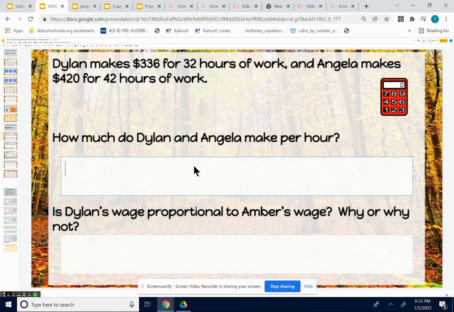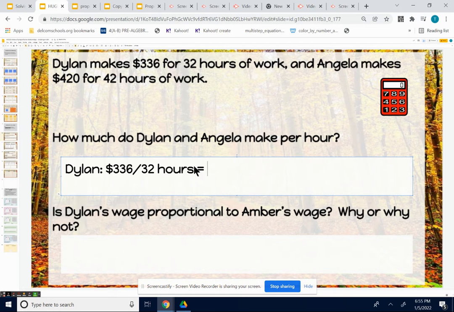So Dylan, if you want to find his unit rate, when you want to know dollars per hour, you just take the number of dollars divided by the number of hours. So you would take $336 divided by 32 hours, and you can use a calculator if you need to.